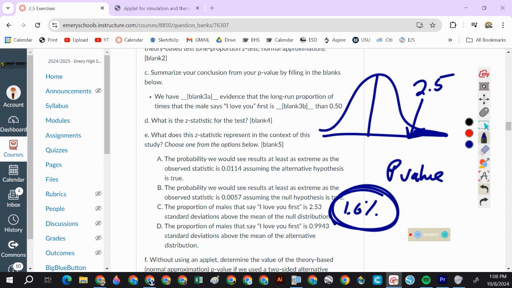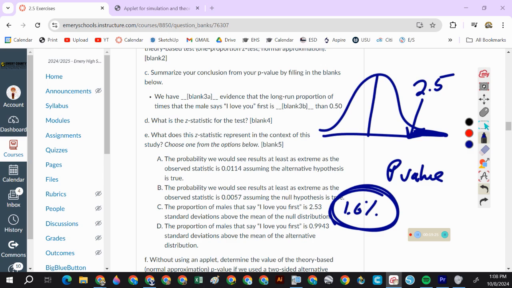So, assuming the coin is fair, right? We're flipping a coin, a 50-50 chance. Assuming the coin is fair, 1.6% of all simulations where we flipped a coin 40 times would land that far or more away from the mean.